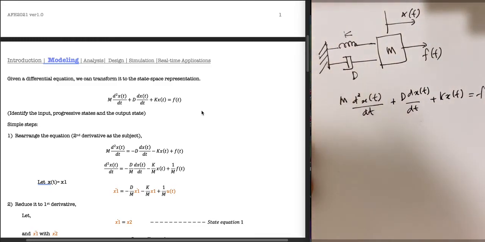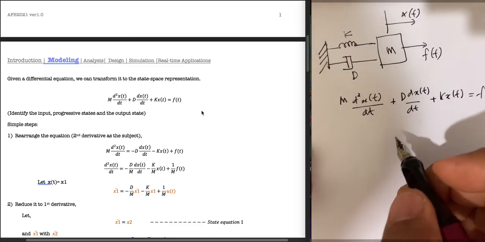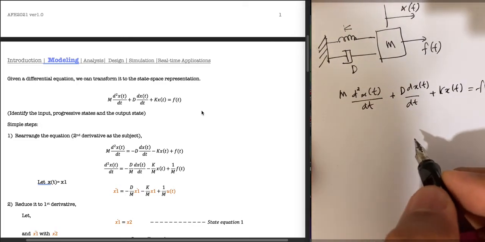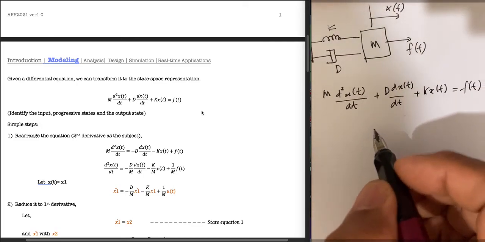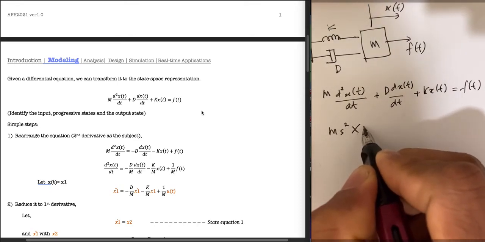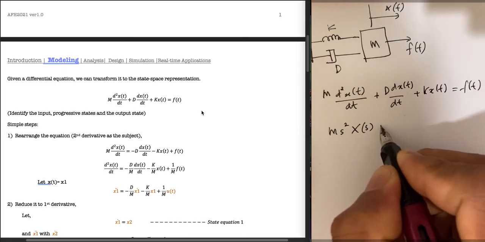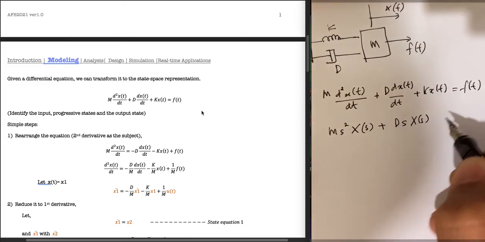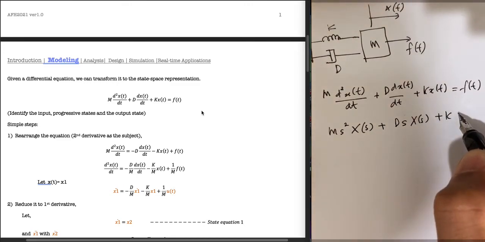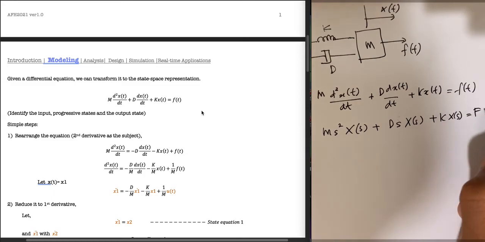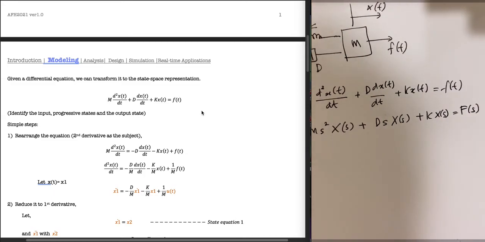In the Laplace domain, we can transform this using linear theorems to m s squared X(s) plus d s X(s) plus k X(s) equals F(s).